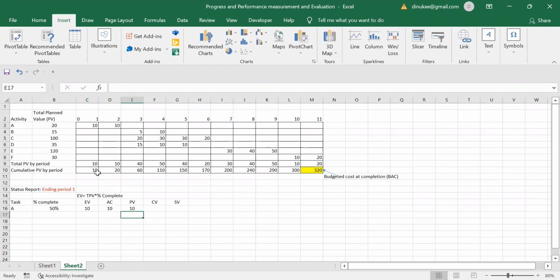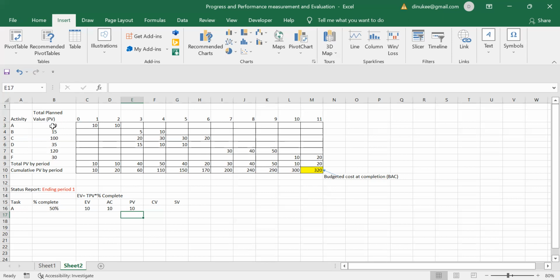Did you understand that? Now this question asks about the status report's ending period 1. First we have to identify where ending period 1 is. All of you told me earlier that ending period 1 is here. Period 1 is the ending of period 1 as well as the beginning of the second year. So at the ending period 1, what is the planned value for activity A?